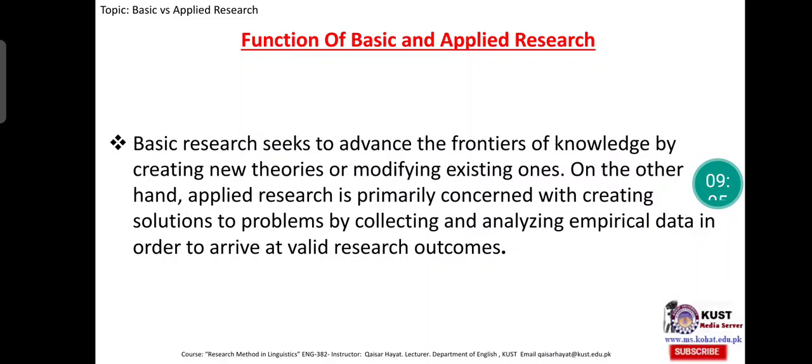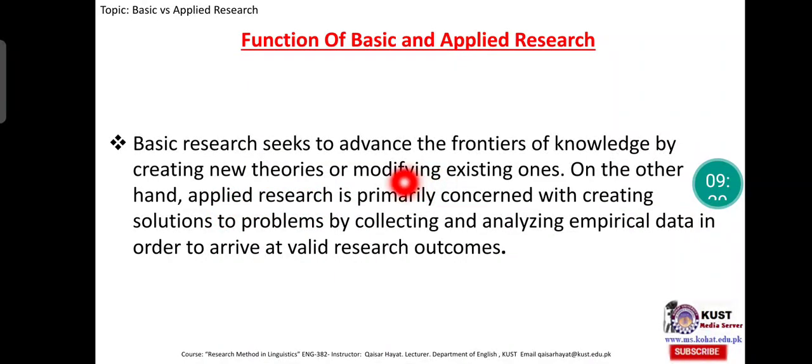Student, as the definitions were different, one is for extension of existing knowledge, that is basic research, and applied research is for a solution to a specific problem and a practical way of doing. Basic research seeks to advance the boundaries of knowledge, to increase the area of knowledge by new theories. The theoretical framework is expanded here.